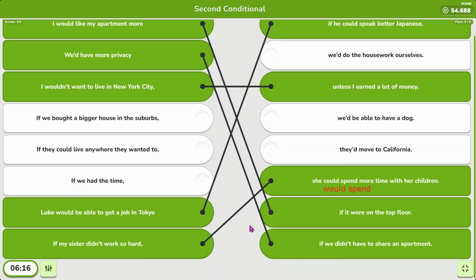Because more privacy, so no more people. Only a few people. Yes. Thank you very much, my dear Geraldine. Well done.